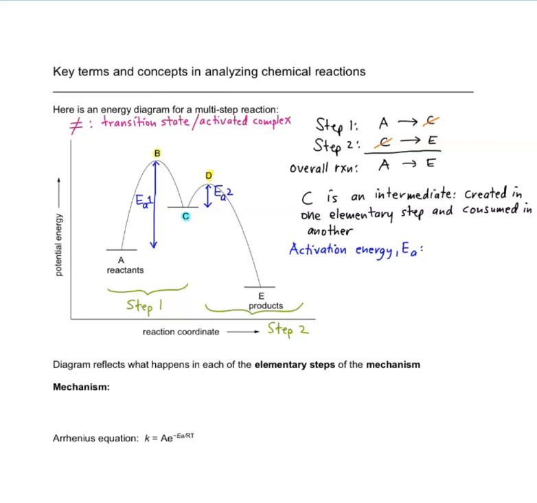So the activation energy takes us from the reactant of a step to the transition state. So B and D are both transition states. The activation energy is the energy required to get from the reactant of a step to the transition state.